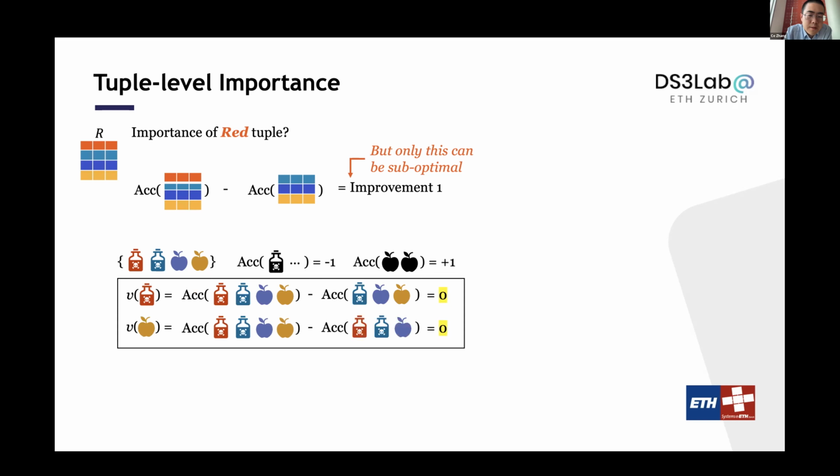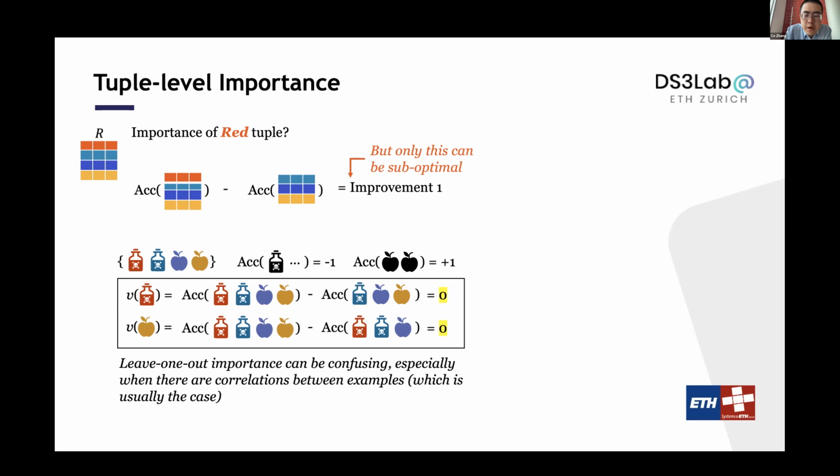So as you can see, this leave-one-out notion of importance could be very confusing, because if you use that to highlight these data problems, both this bad example and this good example have exactly the same influence on your final score. So essentially, whenever you have this strong correlation between those examples, which is usually the case in practice, using this leave-one-out notion of importance could be very confusing.